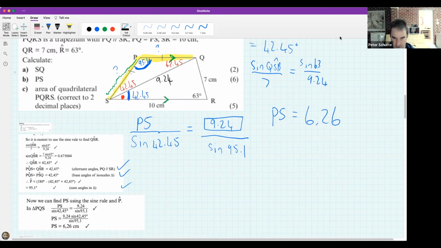Now, we're almost done with this question. The final part of this question is, I want you to find me the area of this entire quadrilateral. So you figured out that this bit over here is 6.26. I want you to find me the area of this entire quadrilateral.